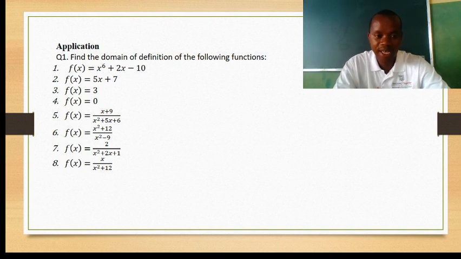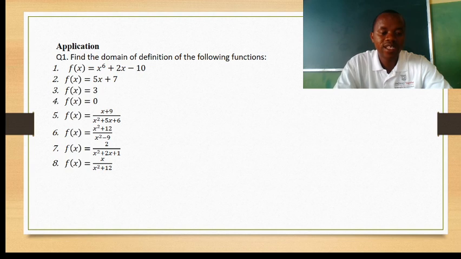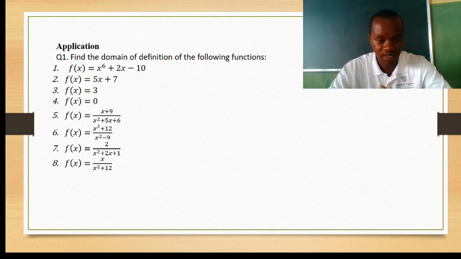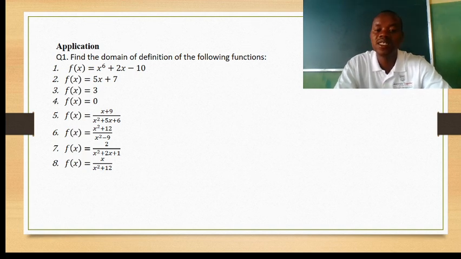For number 8, I think you have tried to find the values which can make the denominator equal to 0, and I think you have found nothing. If you have used delta, you found that the discriminant is negative.